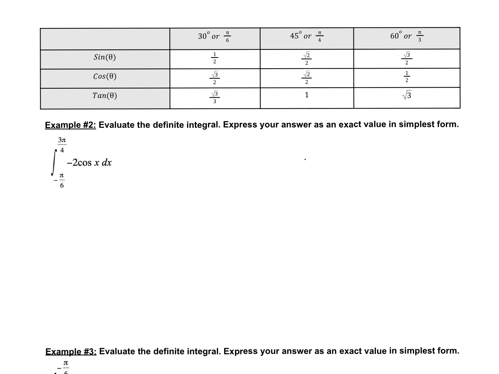Again, we're going to write down sine, cos, negative sine, negative cos, and the antiderivative of negative cos. We're going to start here at negative cos and go back this time, so it's going to be negative sine. But since there's a negative 2 in front, we're just going to have negative 2 sine of x, and we want to evaluate that from negative pi over 6 to 3 pi over 4.